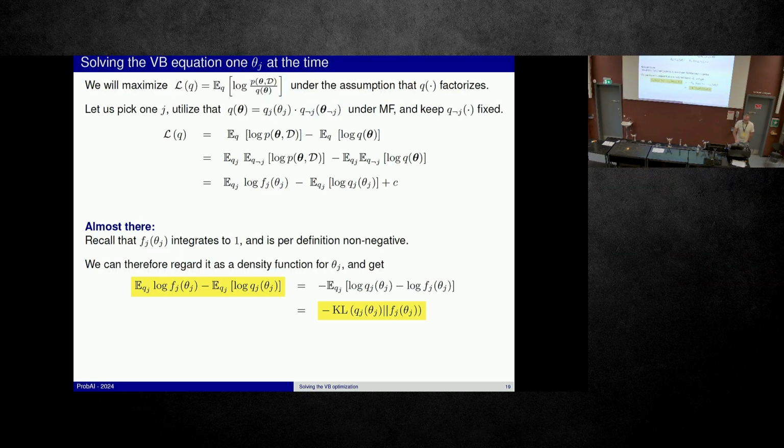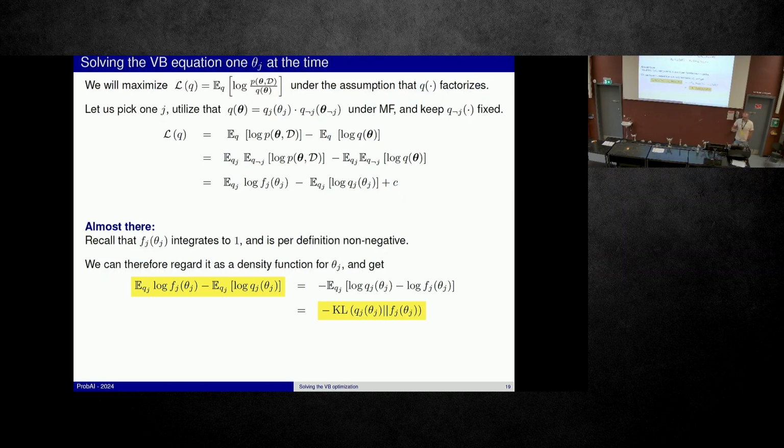So let's look at what we have. We have expectation under q_j of this log f function minus the expectation under q_j of log of the density itself, plus a constant. Now, these two guys can be, per definition, written out as the Kullback-Leibler from q to f with a minus in front.